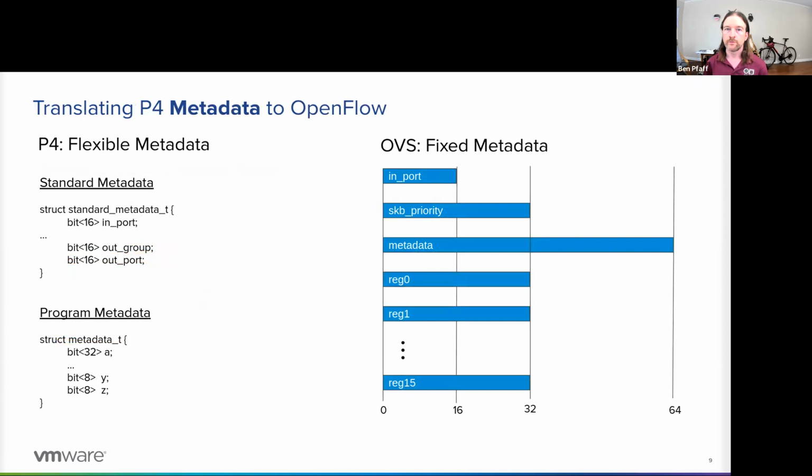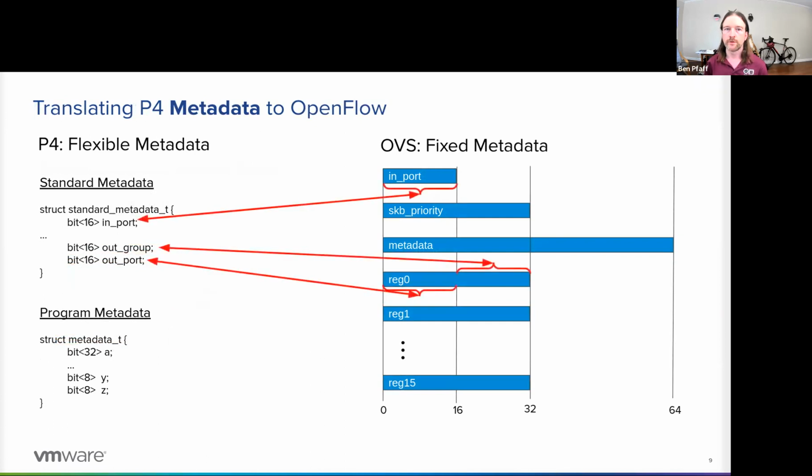We start with some P4 standard metadata and program metadata on one hand, on the left, and with OVS fixed metadata on the other, on the right. So first of all, OVS matches up the standard metadata in a predictable way like this, where the input port matches the input port and so on.